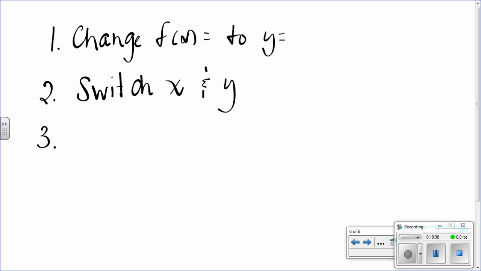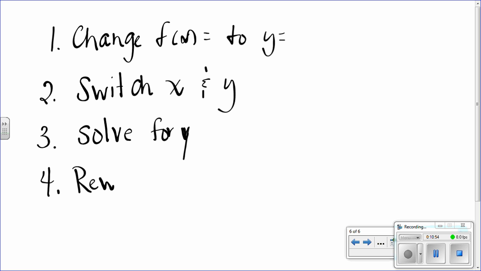And then solve for y. And then the last one, you're going to rewrite, instead of y, rewrite it as the inverse of x. So I'll let you write those down real quick, and then we'll actually do one together on the screen.